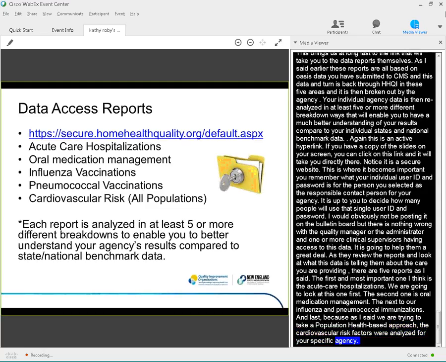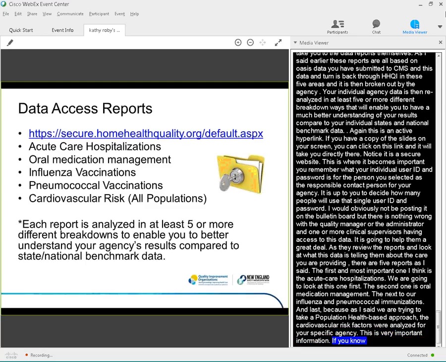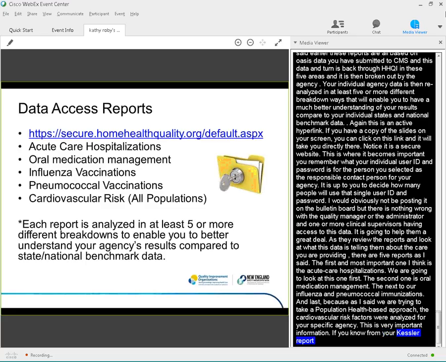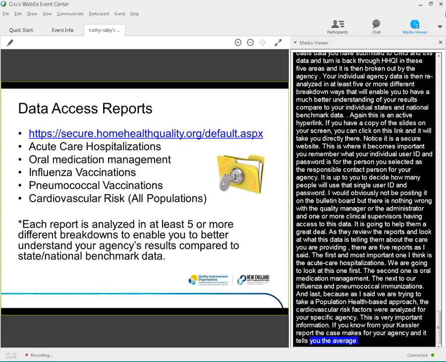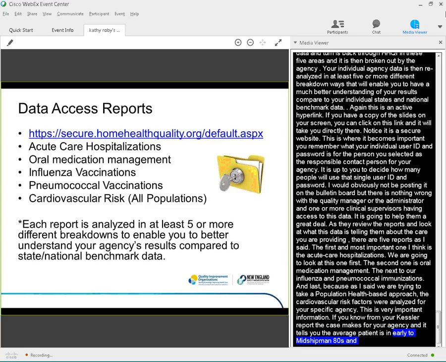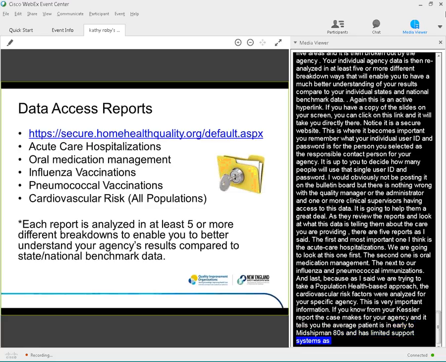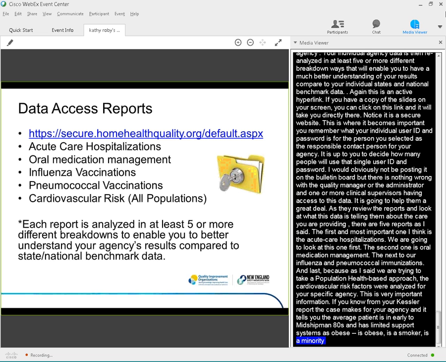If you know from your CASPA report that the case mix for your agency tells you the average patient is in their early to mid-80s, has limited support systems, is obese, is a smoker, is a minority, has limited financial resources. What is this telling you? Your case mix report is not going to give you all those factors.